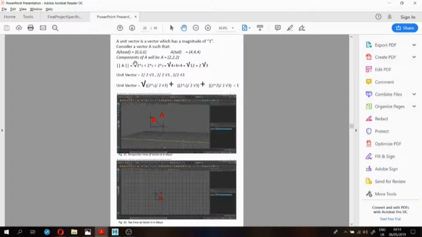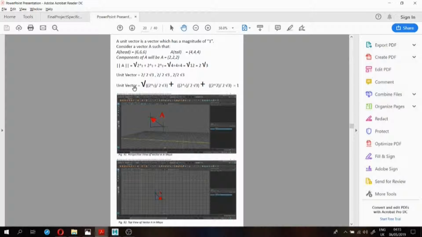Now the component of A will be head minus tail, which will be this. So the magnitude of A will be the square root of 2 squared plus 2 squared plus 2 squared, which is 12. If you get the common factor, it will be 2 root 3. So the unit vector will be 2 over 2 root 3, 2 over 2 root 3, 2 over 2 root 3.